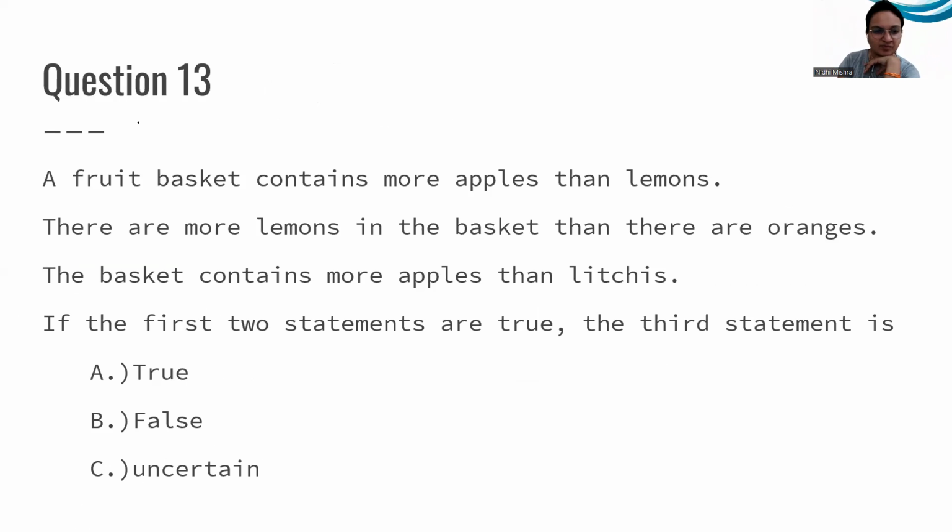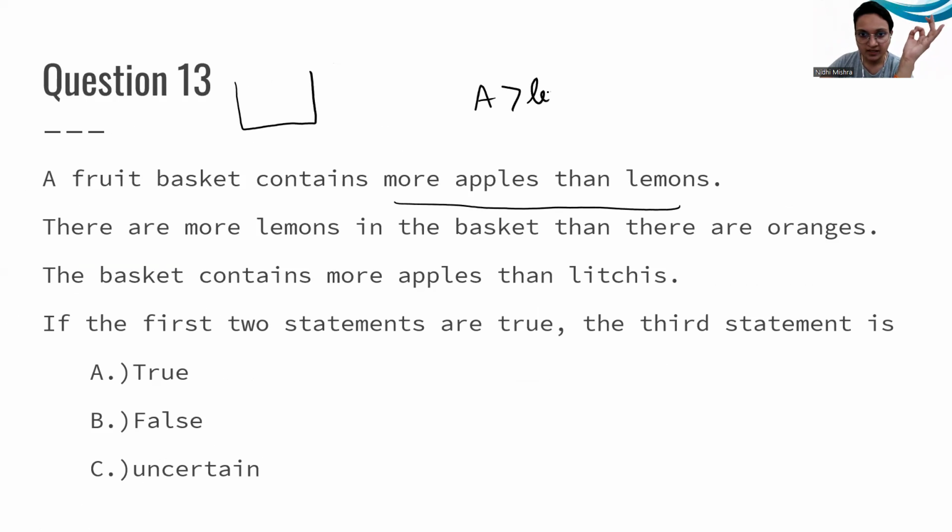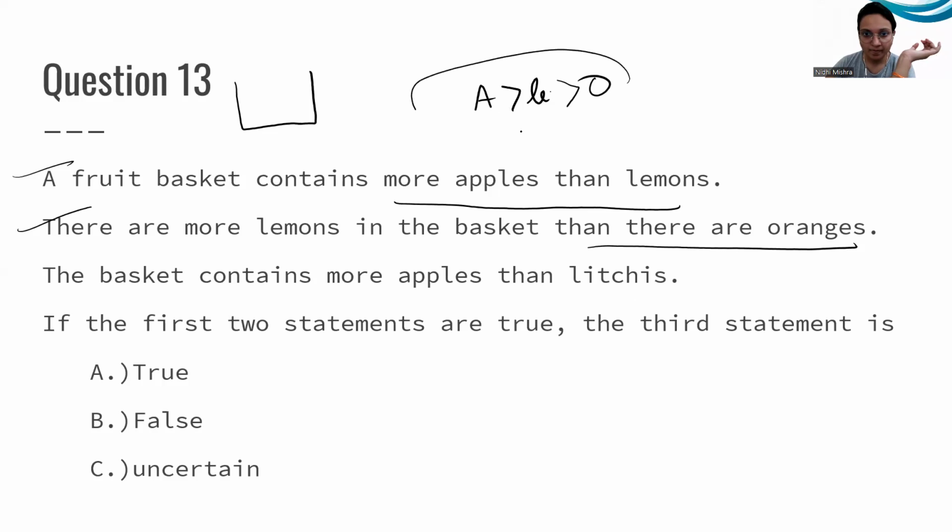Now let's see this. A fruit basket contains more apples than lemons. There are more lemons in the basket than oranges. The basket contains more apples than lychees. Let's see what I have to find. If the first two statements are true, the third statement is, in the first two statements, they have not said anything about lychees.